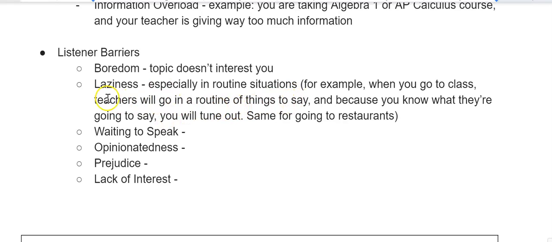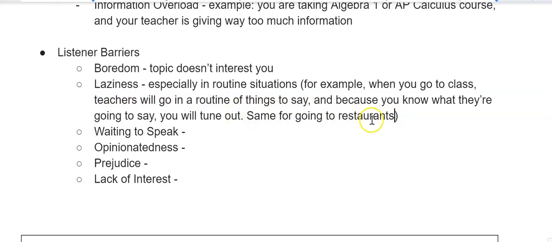When you go to most teachers' classrooms, they'll greet you, good morning, good afternoon. Let's go over, are there any problems with last night's homework? Or maybe there's a bell ringer that starts off the class, so you have that routine. Since you already know what's going to go on, you're probably going to tune out because you know the words that they're going to say.